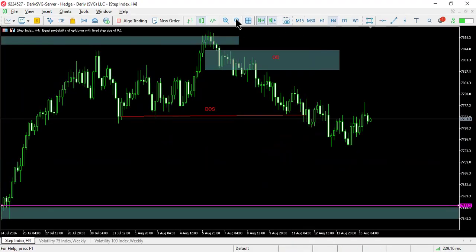Heading over to the 4 hours time frame. From the 4 hours, we are going to work with our recent break of structure, which is that break of structure right there.